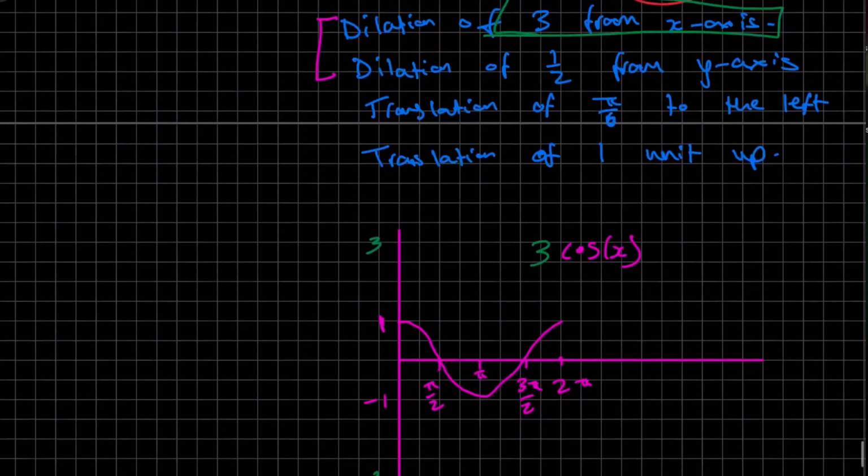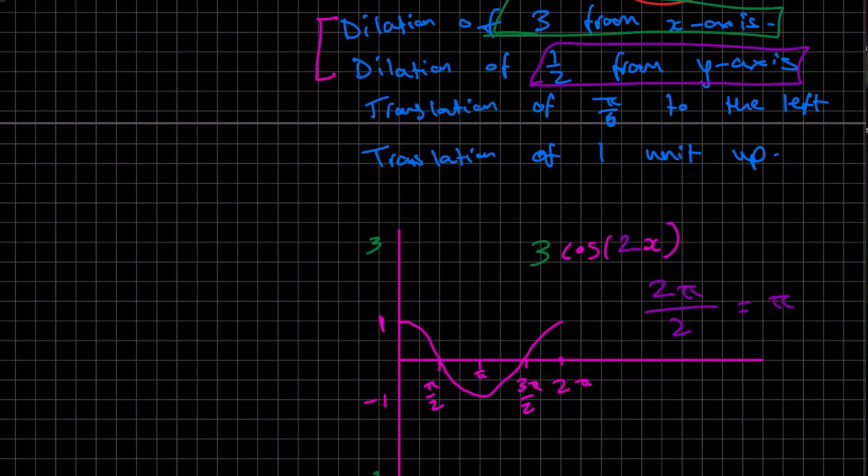We also know that this dilation of 1/2 from the y-axis will cause our period to decrease. This means that our period will now be divided by 1/2. So our period will go from 2 pi to 2 pi over 2, which just equals pi.